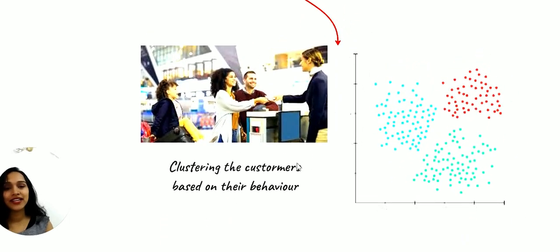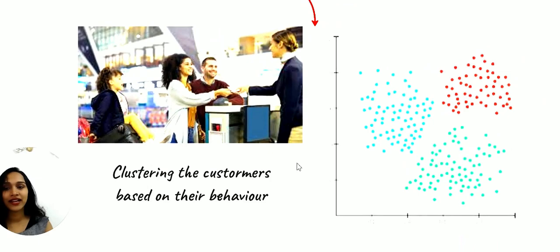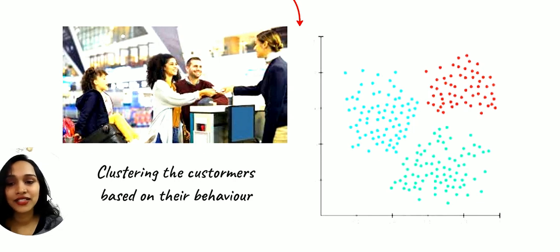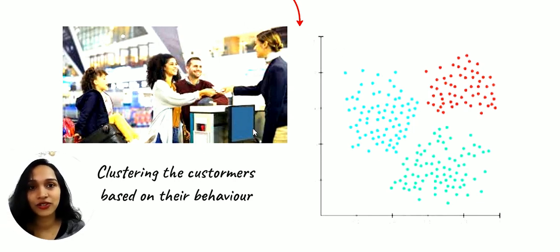A very good example for an unsupervised machine learning setting is that we can give our computer or the AI model the data of customers of a supermarket or a shopping mall. These customers will have some purchasing behaviors. Just by giving this customer data set, we are asking our unsupervised machine learning model to cluster the customers based on their behavior.